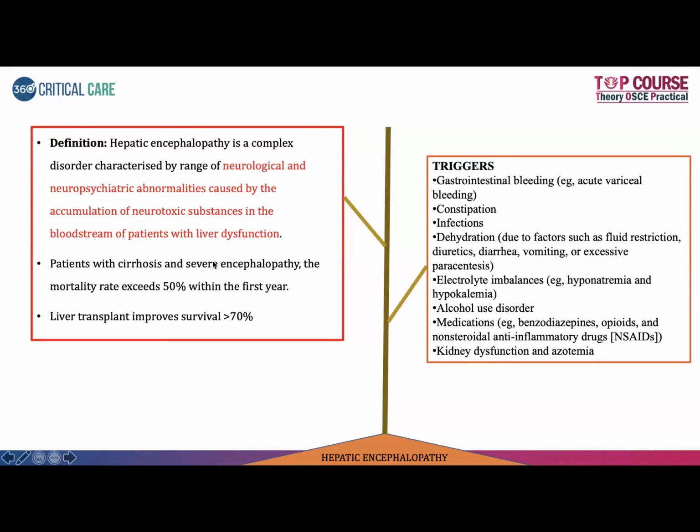Next, going to the classification. So we looked into the grades. The ACLF grading system is the Chronic Liver Failure Consortium organ failure score. Based on this, they have looked into 6 organ dysfunctions, and they have allotted a score of 1, 2, and 3. Bilirubin less than 6, 6 to 12, or more than 12. Coagulopathy, INR less than 2, 2 to 2.5, and more than 2.5.